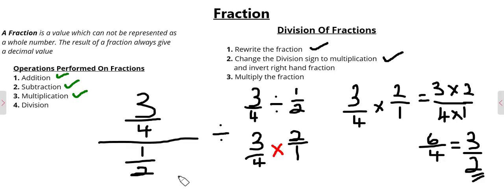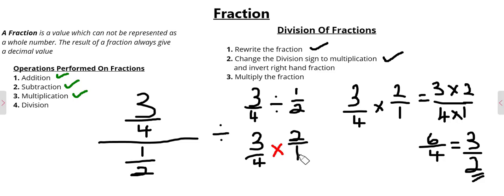The first step is to rewrite the fraction. We did it by writing 3 all over 4 divided by 1 all over 2. And the second step says we should change the division sign to multiplication and invert the right hand of the fraction. So we change it from division to multiplication, and 2 becomes the numerator, 1 becomes the denominator, just so we can continue.